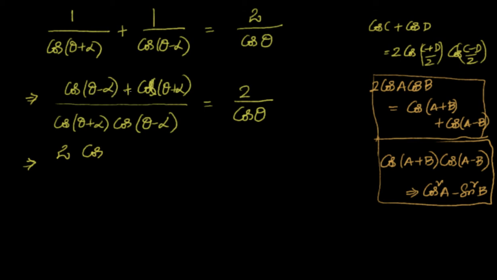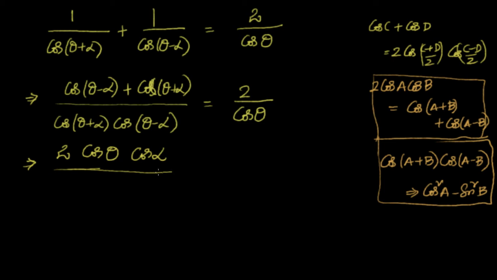Theta minus alpha plus theta plus alpha by 2, that is theta. Theta plus theta is 2 theta, alpha alpha cancels, 2 theta by 2 is theta. Here what you will have? You will have alpha, because theta plus alpha minus theta plus alpha by 2 gives 2 alpha by 2, or minus 2 alpha by 2. Cos of minus is cos, so this will be like that only.